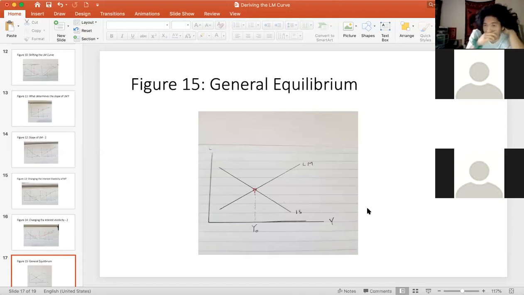Once upon a time, I taught intermediate micro, and it was a lot of fun. And the very last thing that we did in intermediate micro was general equilibrium theory, which is really complicated because it asks the basic question: if all firms try to maximize profits and all consumers try to maximize utility and every market is perfectly competitive, is there a set of prices and wages that will put every single market in the economy in equilibrium at the same time?